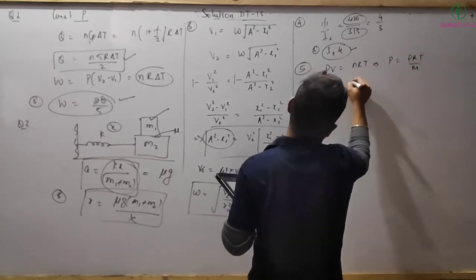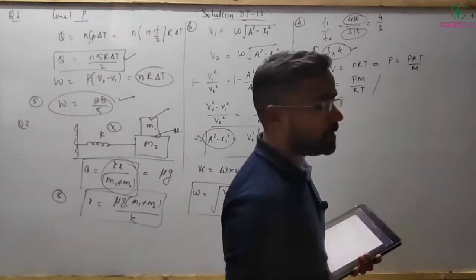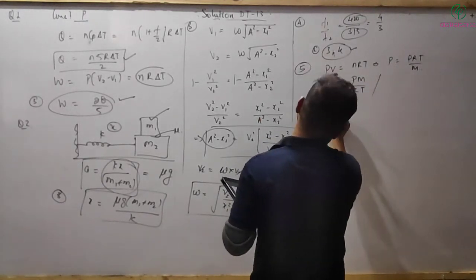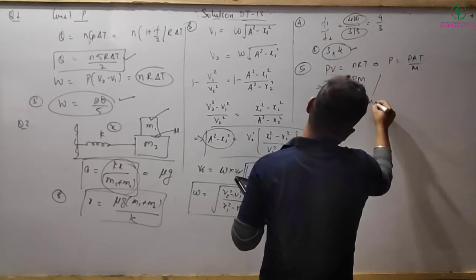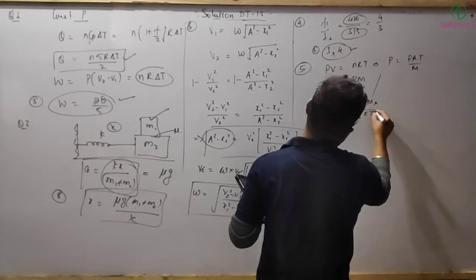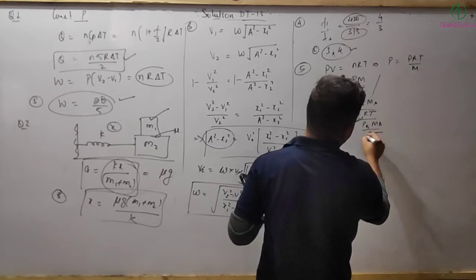So rho is equal to P times M divided by R into T, and the temperature of both the gases is given as same. So this implies rho A by rho B is equal to PA MA divided by RT, divided by PB MB divided by RT, which gets cancelled.